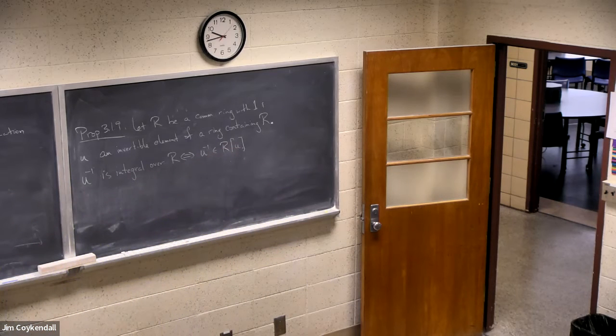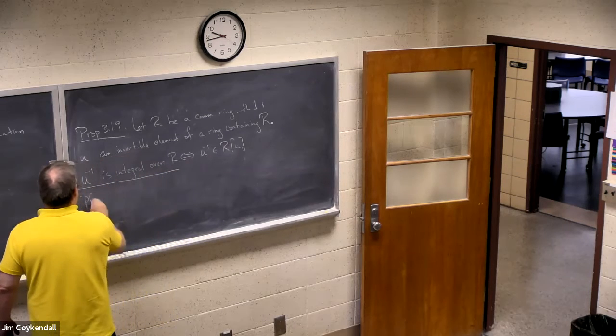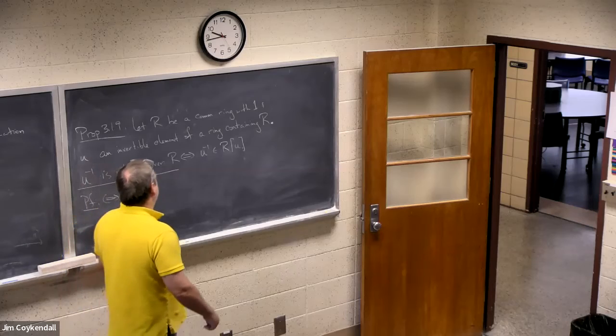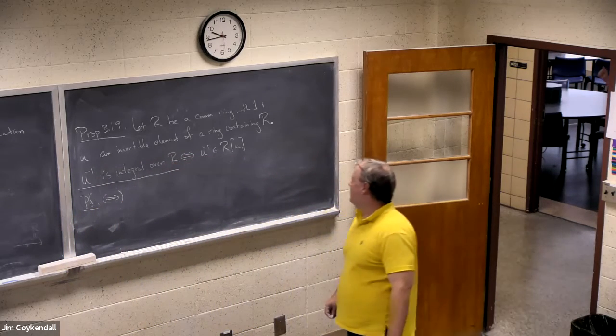All right, let's go through the proof of this. When you start to see the proof, it can make you chuckle a little bit because it's essentially straightforward. So let's suppose, first of all, that u inverse is integral over R.